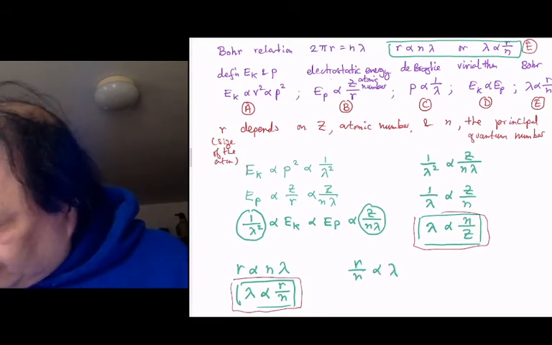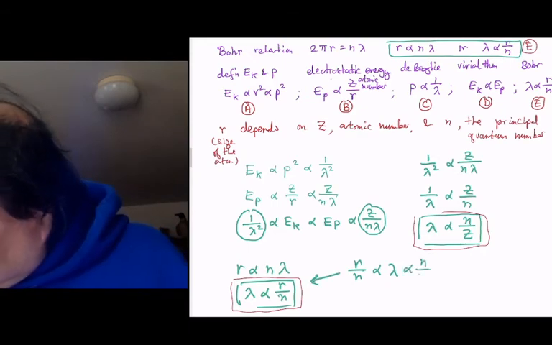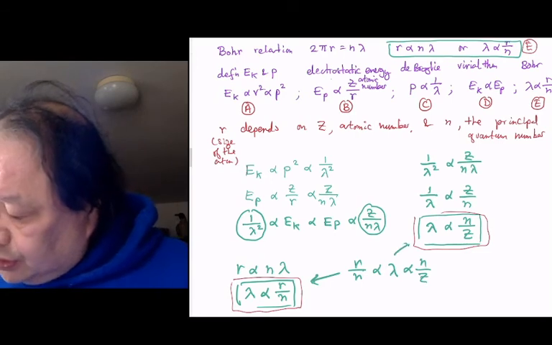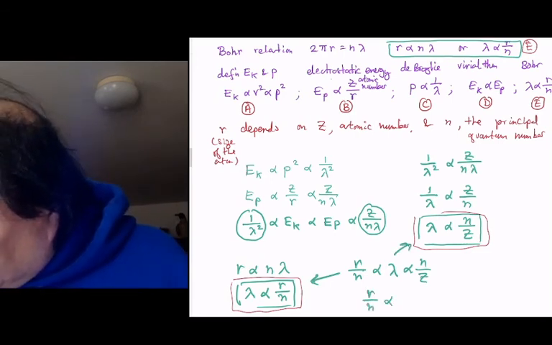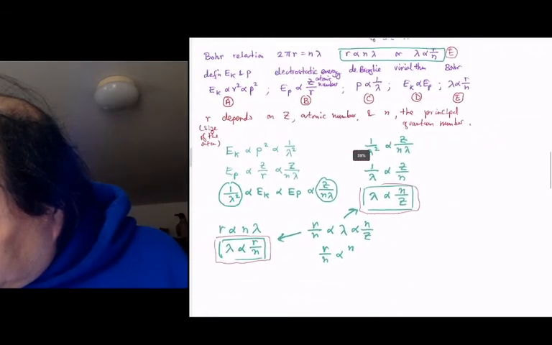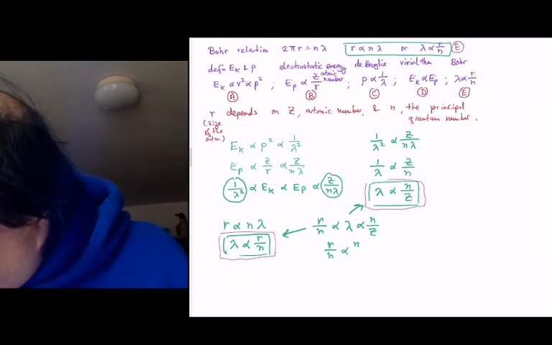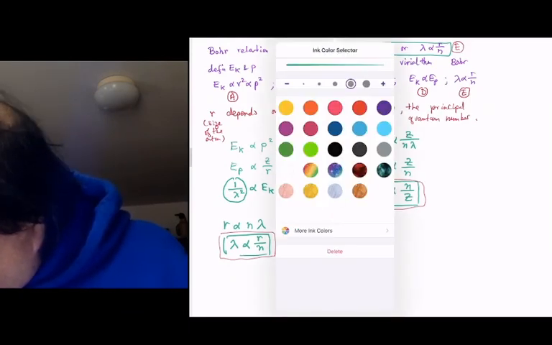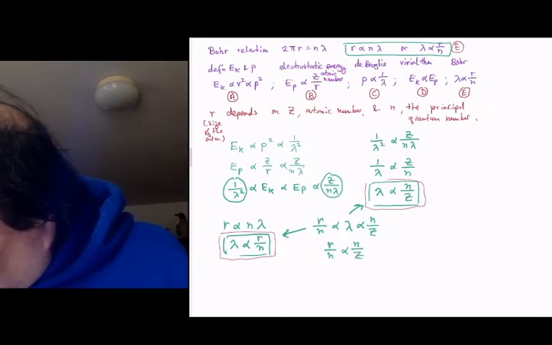That's just a rewriting of this guy here. And lambda is proportional to N over Z. Just rewriting these two expressions. And now we get R over N is proportional to N over Z. And therefore, R is proportional to N squared over Z.